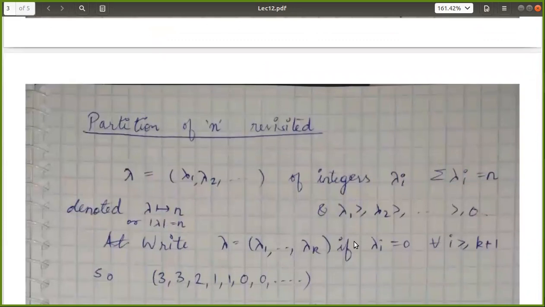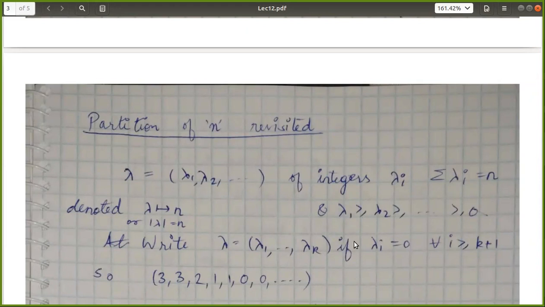Now we revisit the partition of n. So far, whenever we dealt with partitions, or rather compositions, we always called them compositions of a natural number. We were looking at how we could represent a natural number as a sum of numbers which are less than or equal to this number.